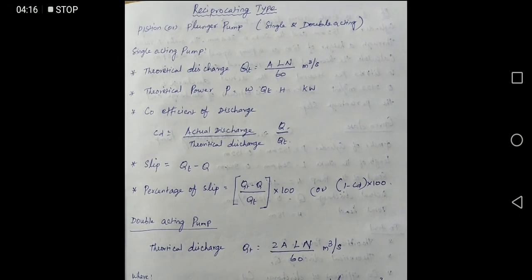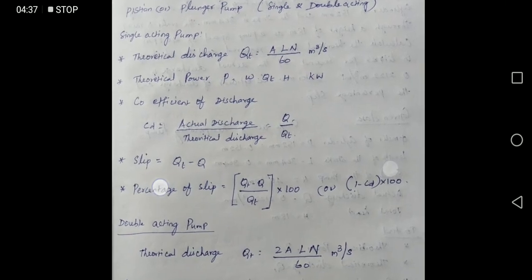Now the main formulas of the reciprocating pump, single acting pump. We are going to find the theoretical discharge. Q is the discharge, T is theoretical. Q_T equals A L N divided by 60, in the unit of meter cube per second.